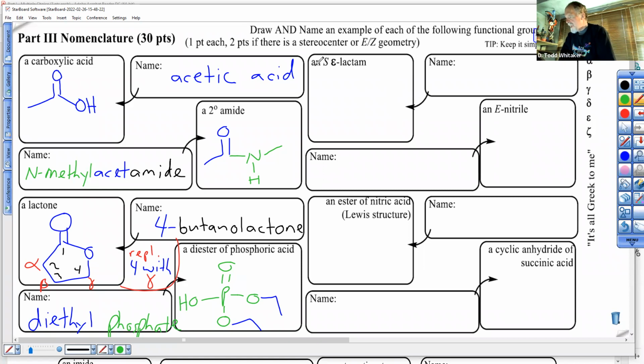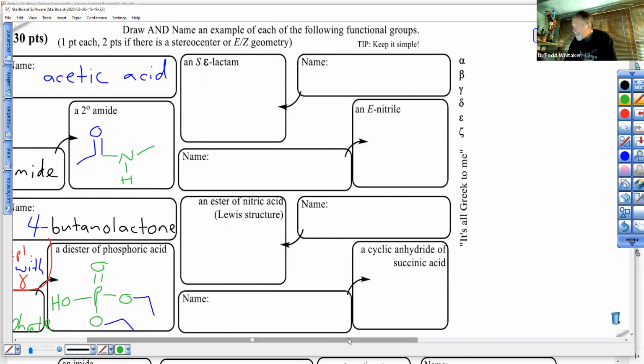Now, what are you going to do with an S epsilon lactam? Oh boy. Lactam is a cyclic amide. Have to know it. Epsilon. Alpha, beta, gamma, delta, epsilon. So what I'm going to do on the right here is draw something that could make an epsilon lactam. It has to be a carboxylic acid before it started.